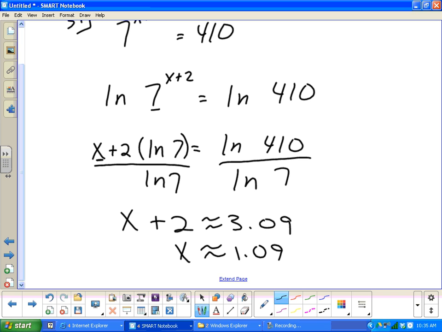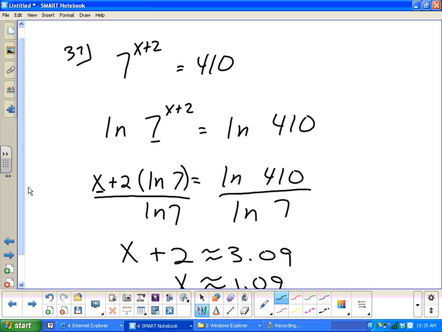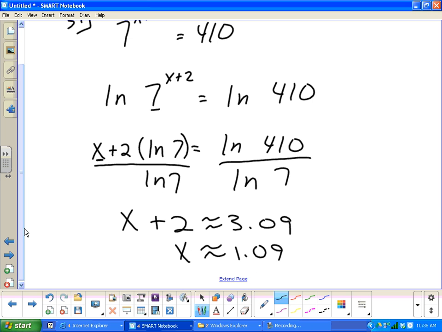Oh, these, you don't have to check everything. Now, tomorrow we'll talk about logarithmic equations. We'll have to check something on those. But no, exponential equations, as far as I know, I don't think you run into any problems with extraneous solutions. And even in the logarithmic ones, the directions are going to prompt you.